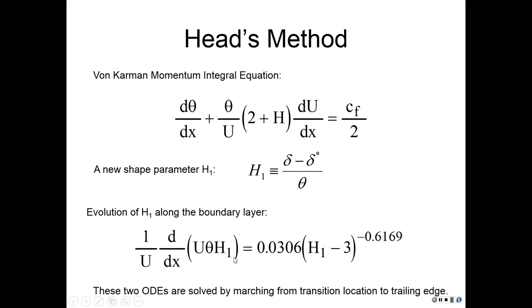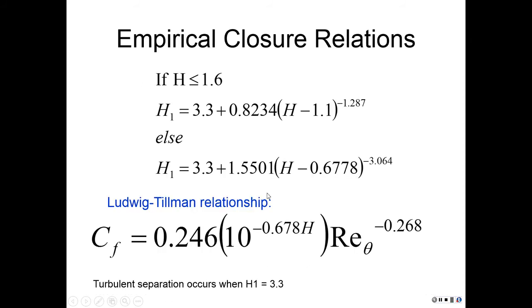MATLAB is very good at marching from the transition location to the trailing edge of an aerofoil. You could just march. So you march, solve for H1. Once you have H1, then you solve for H, or vice versa.